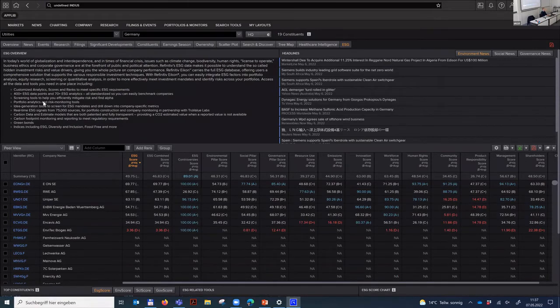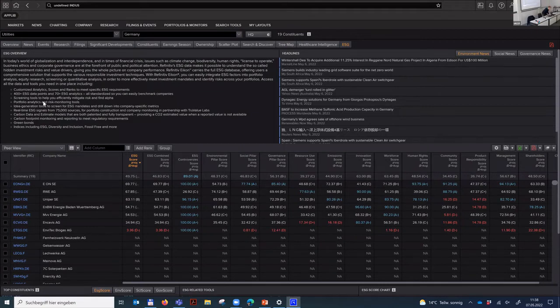Let me take, for instance, the utility sector, where our big energy giants such as Eikon and so on are located. You see here that their scores are not good. Their overall ESG score is at 69.